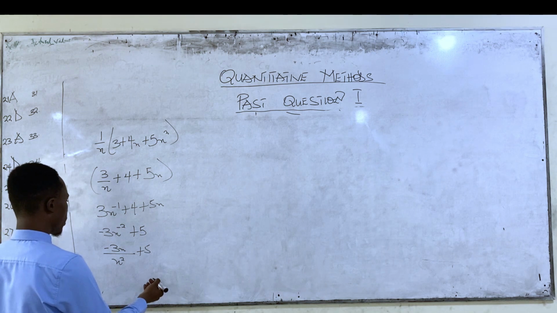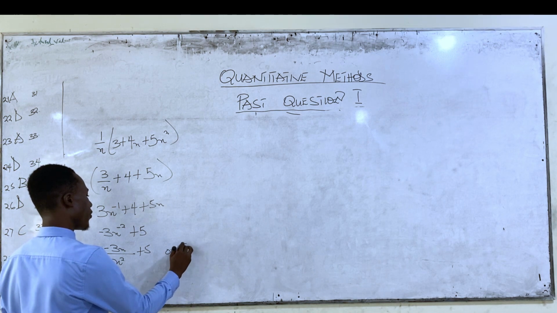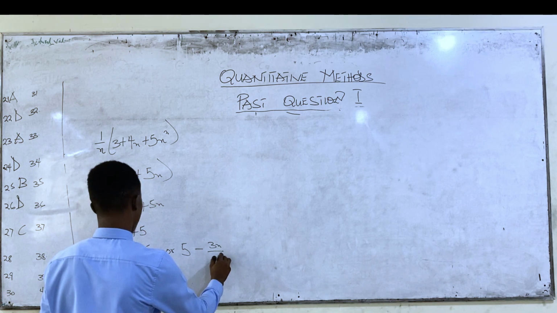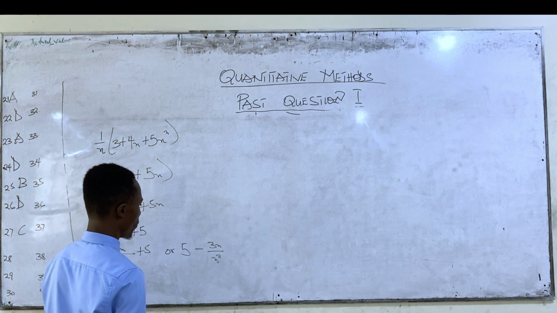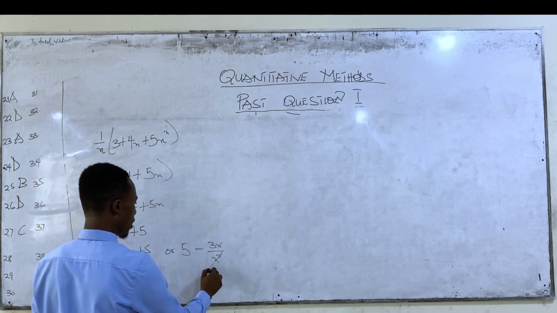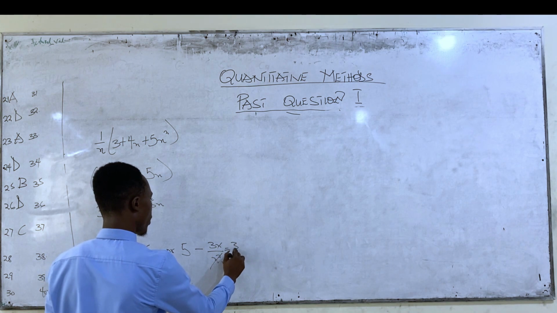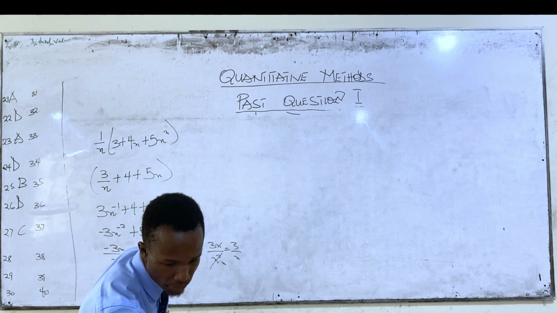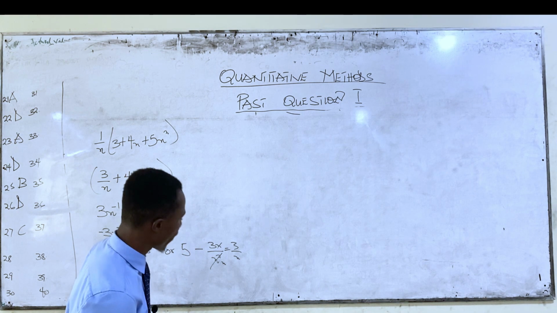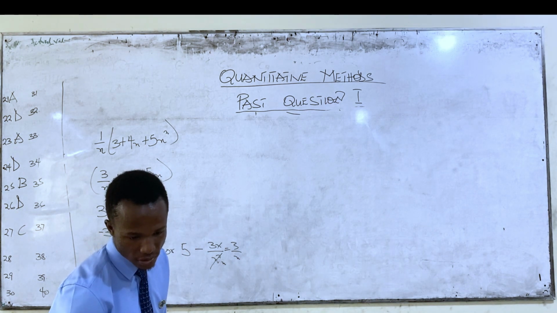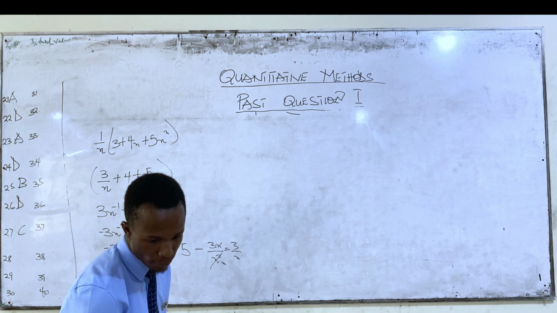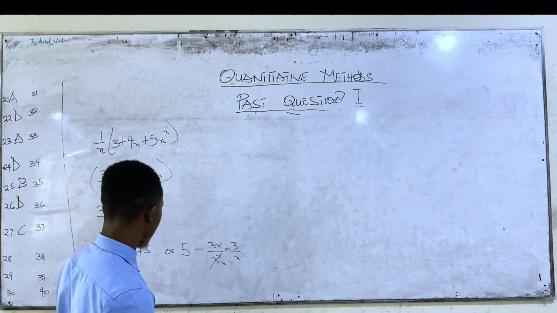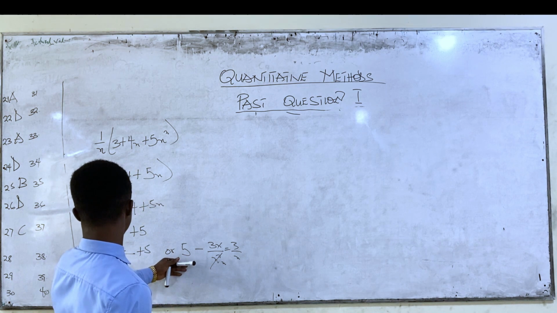Or you can say 5 minus 3x on x squared. Or yes, x can cancel out x here to give you 3 on x. Let's first look at the question if there is a simplification. So 5 over 3x, 5 over 3, 5 minus 3 on x squared. That is what we have here.